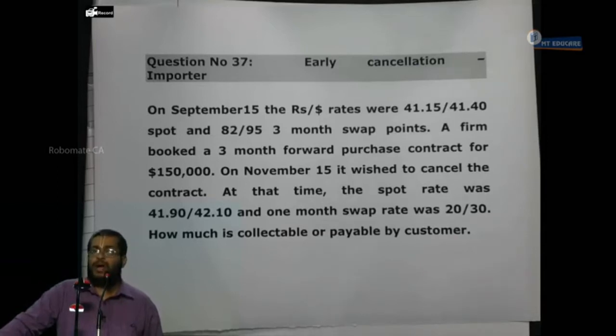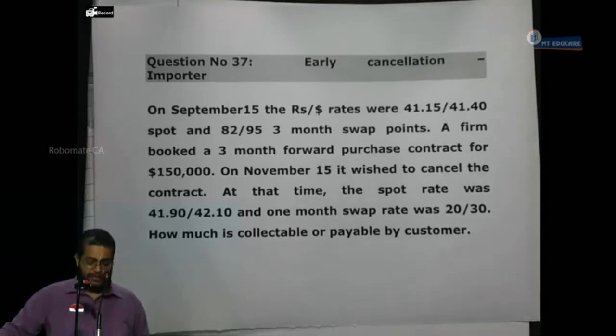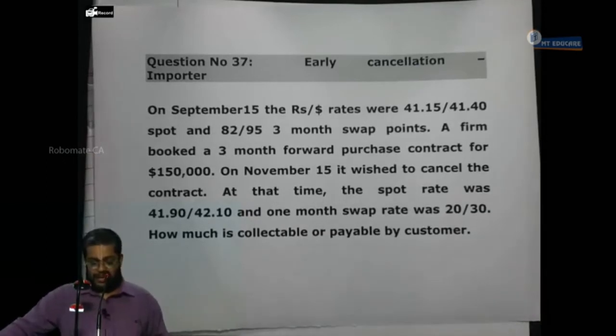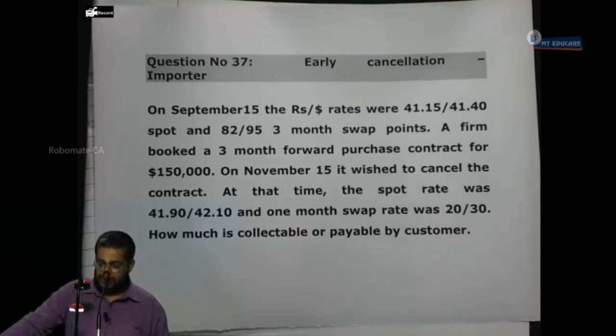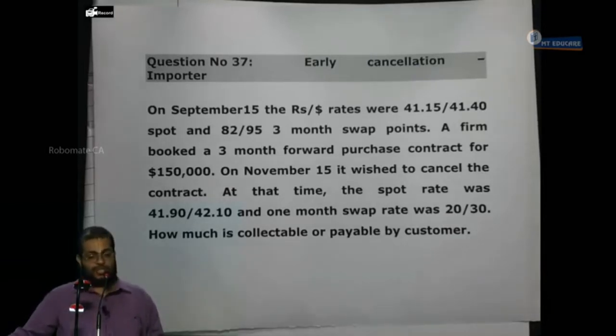Are these rates required? Required. Spot. On 82.95, 3 months swap points. A firm booked a 3 months forward purchase contract for $1,50,000. On November 15, it wished to cancel the contract. At that time, the spot rate was 41.90 and 42.10, and the 1 month swap rate was 20/30. How much is collectible or payable by the customer is the question.